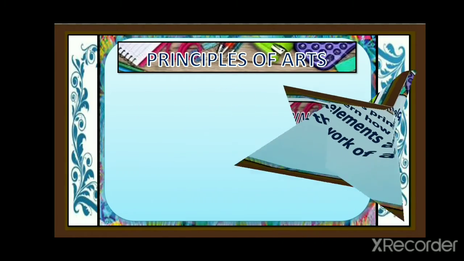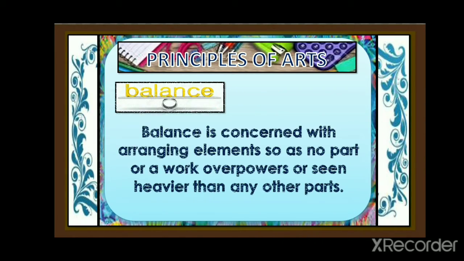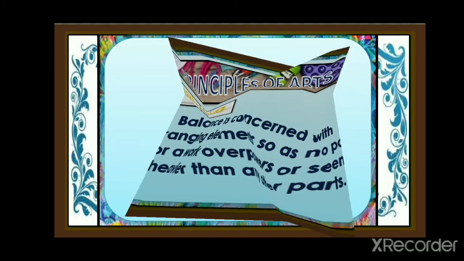One of the principles of art is balance. Balance is concerned with arranging elements so that no part of a work overpowers or seems heavier than any other part. There are three kinds of balance: formal, informal, and radial.